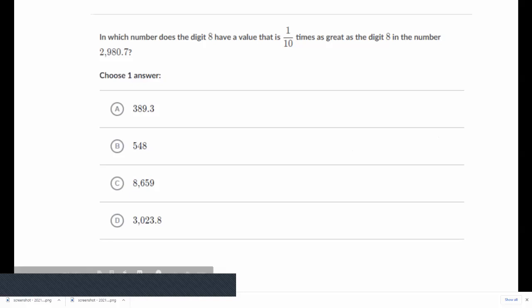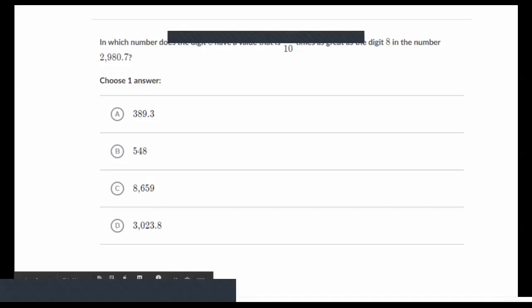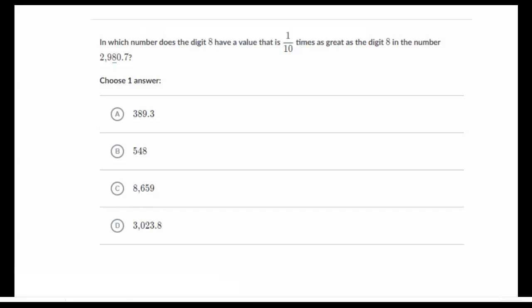So I'm going to find the 8, and we want the spot to be 1/10 of this spot. That means the spot next to it, the ones. So instead of being in the tens, we're looking at the ones because the ones are 1/10 of the tens.